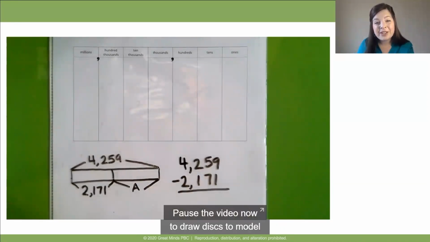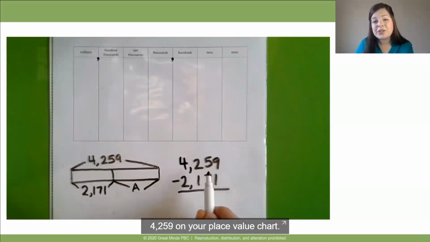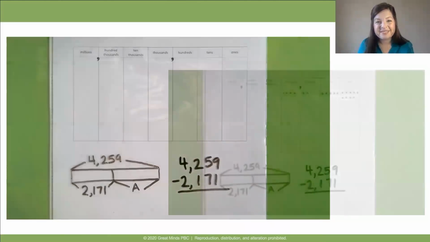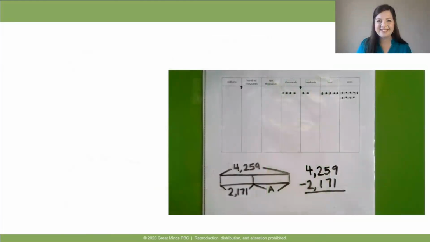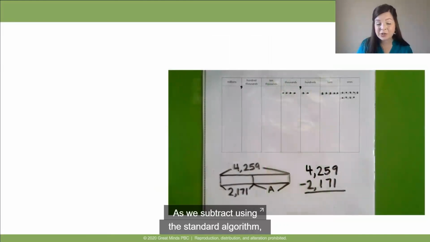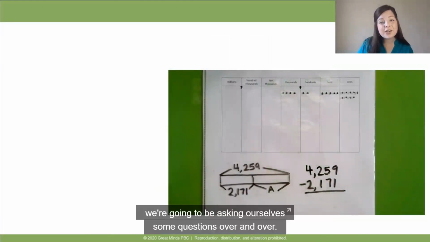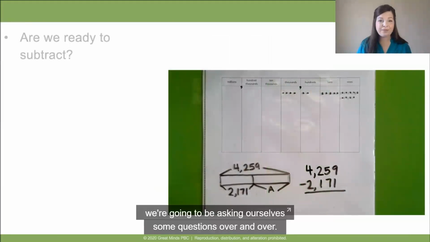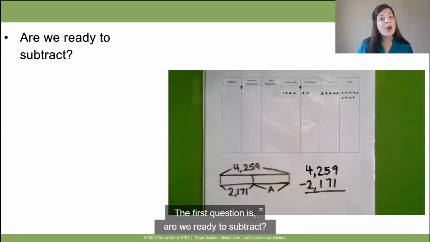Pause the video now to draw disks to model 4,259 on your place value chart. As we subtract using the standard algorithm, we're going to be asking ourselves some questions over and over. The first question is, are we ready to subtract?